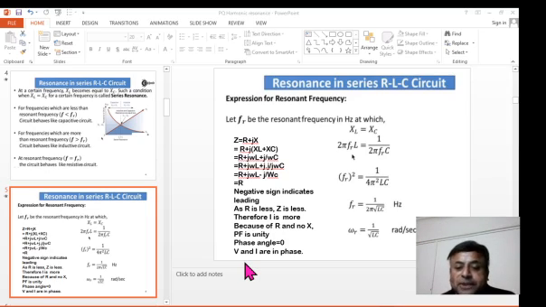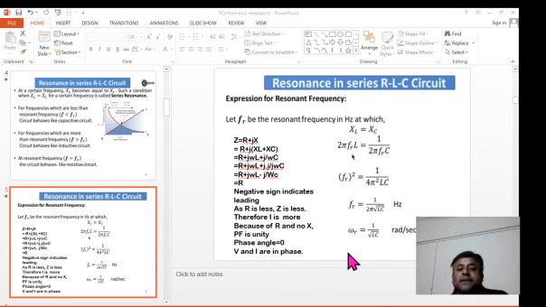So it is very important to note here that at the point of resonance, XL is equal to XC, and therefore only R is there. There are no XL and XC, which means the circuit is purely resistive.